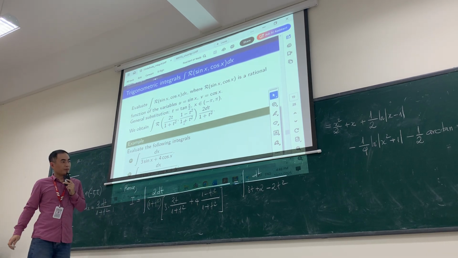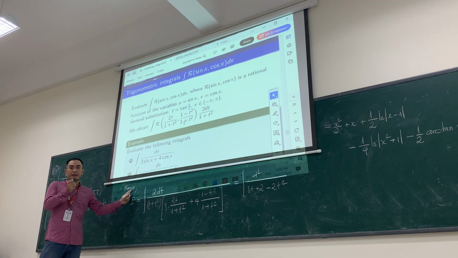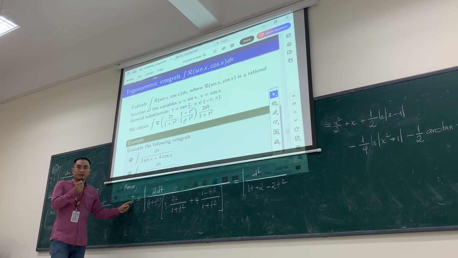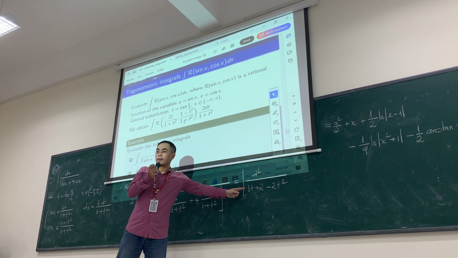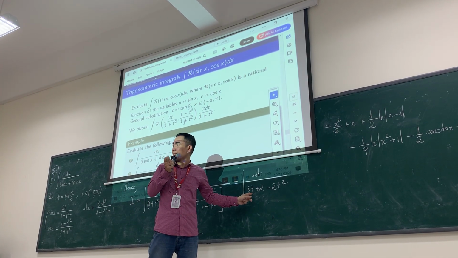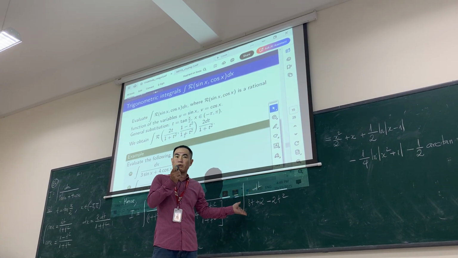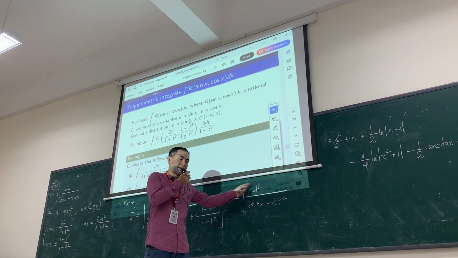Okay, you can see the trigonometric integral becomes an integral of a rational function. To continue, we apply the method for rational functions to estimate it.